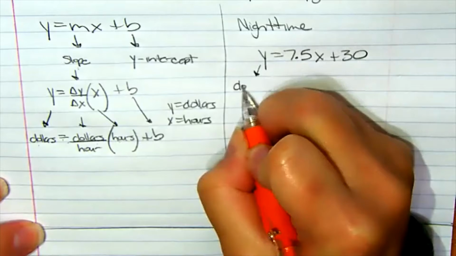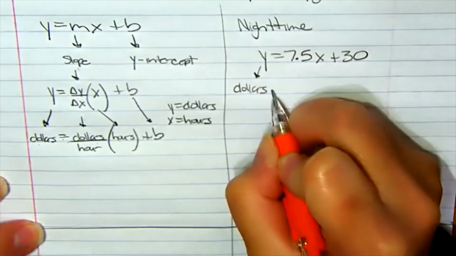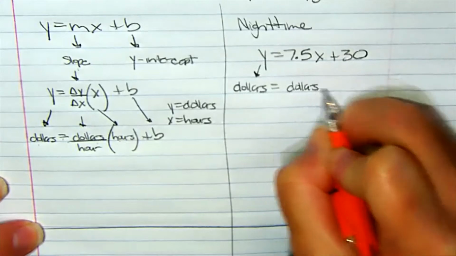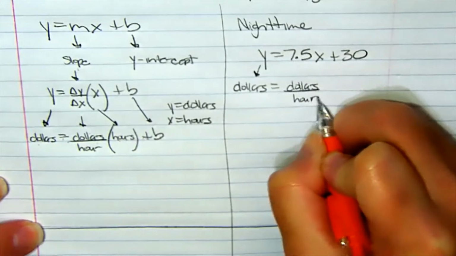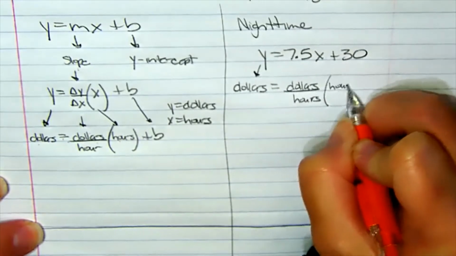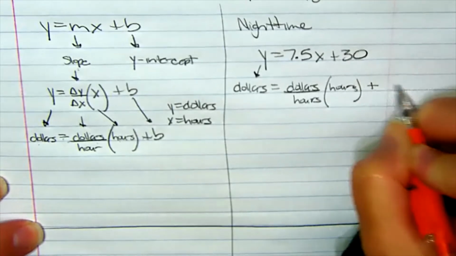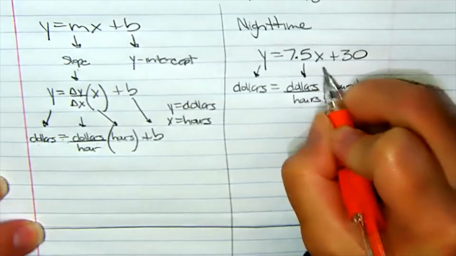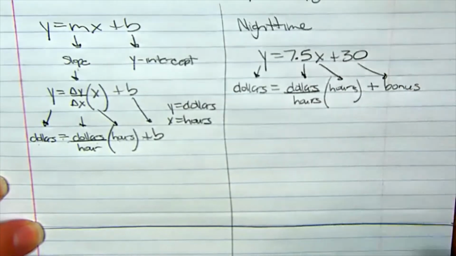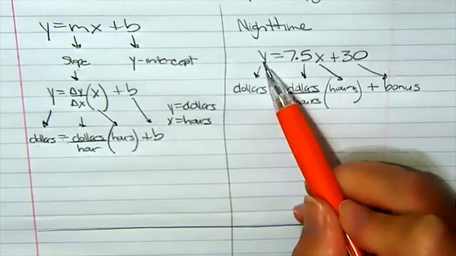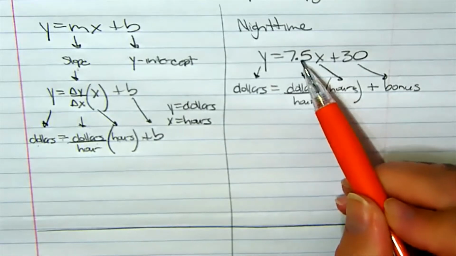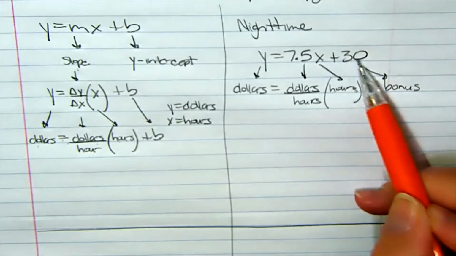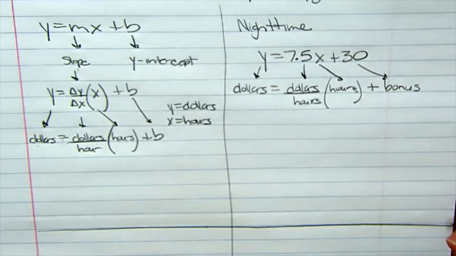It means the total dollars that they earn, this is dollars over hours times the number of hours plus this bonus. This is what's going on. So the total dollars they earn is equal to the dollars per hour times the number of hours plus the bonus.